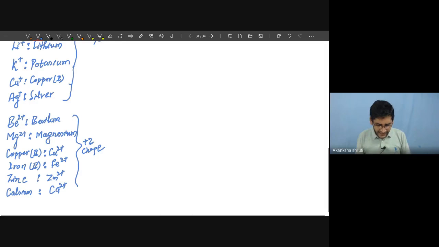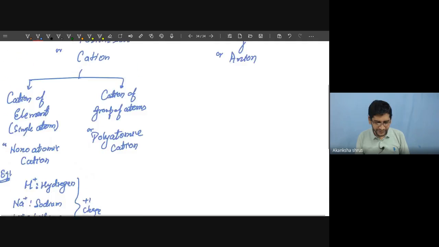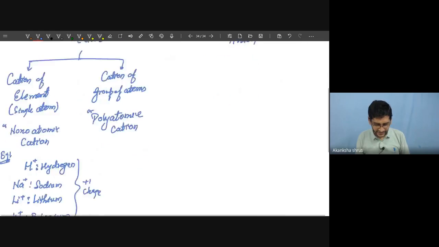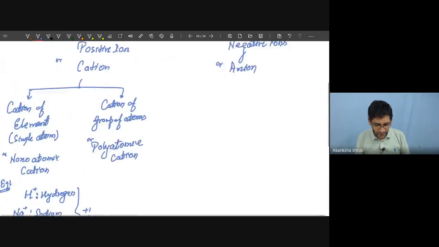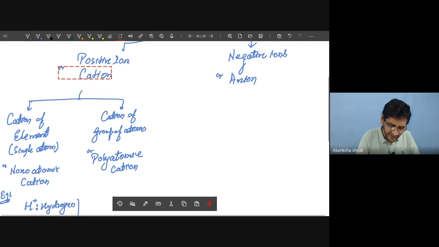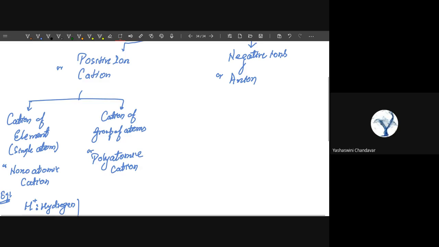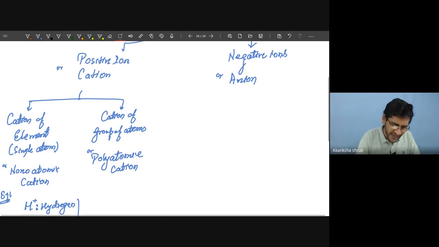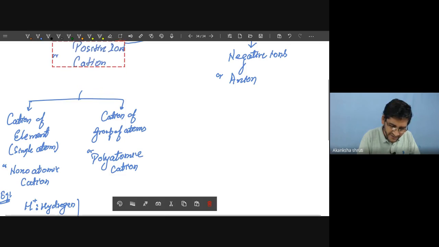So similarly, it is also possible to have 3 rather than 2. It is also possible to have 3 unit positive charge. So how are they? Could you recall for the 3? Yes, student? Tell me one example which has the 3 unit positive charge.